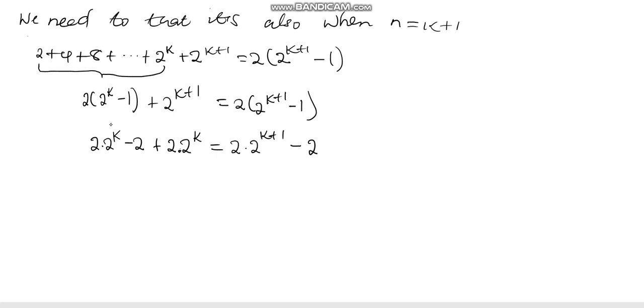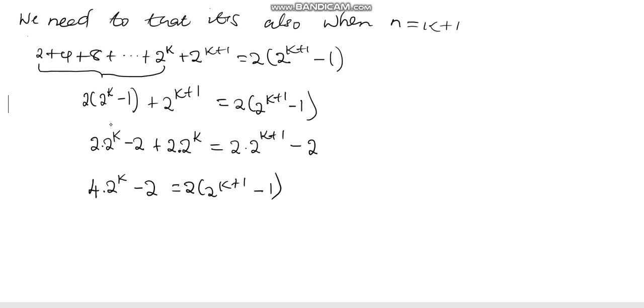So now when we add this term and this term together, because they have 2 to the power k as a variable, we're going to have 4 times 2 to the power k minus 2, equal to, let's factor out the 2 again, 2 open brackets, we leave it the way it is here, minus 1.